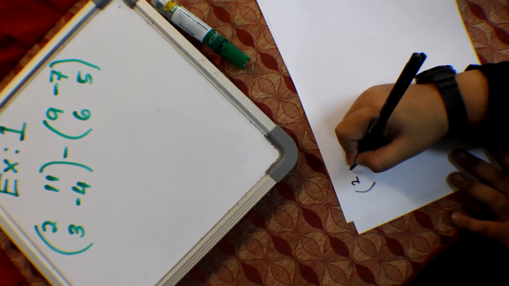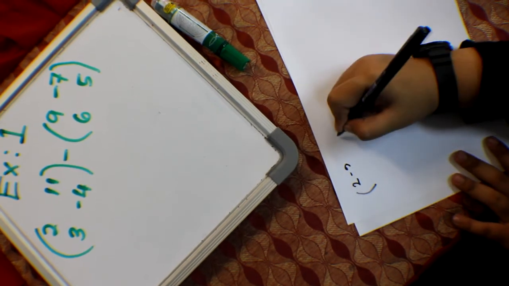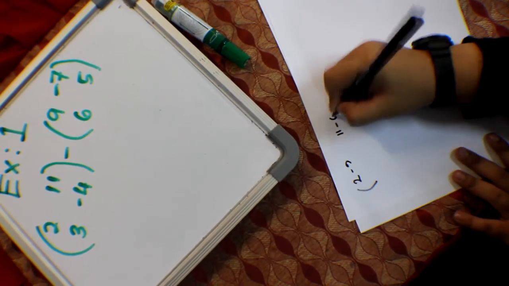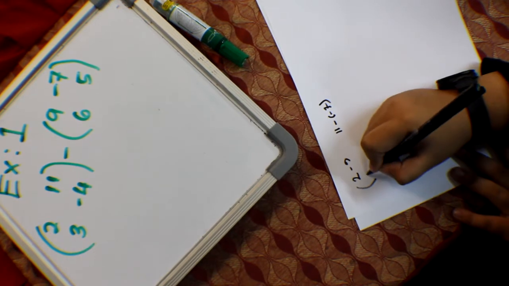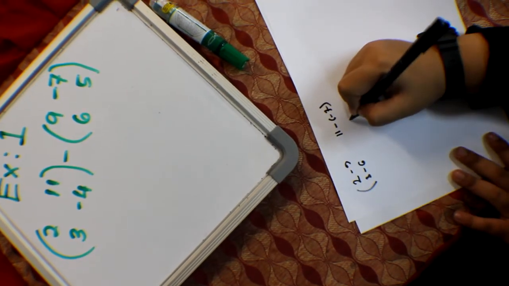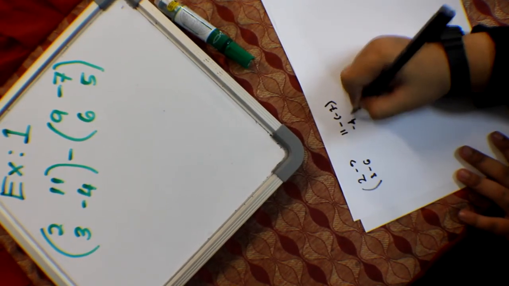2 minus 9, 11 minus negative 7, 3 minus 6, and negative 4 minus 5.